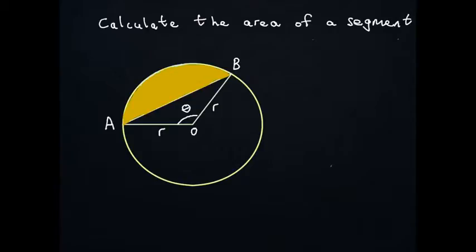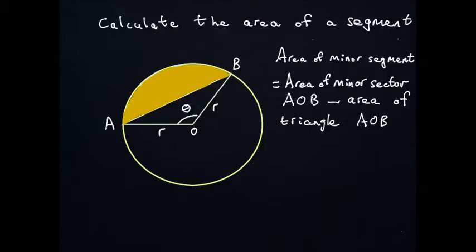How to find the area of a segment? We want to find the area of the minor segment that's been cut off by the chord AB. This area is given by the area of the minor sector AOB minus the area of this triangle AOB. We know that the area of the sector is now going to be given by 1/2 r squared theta.